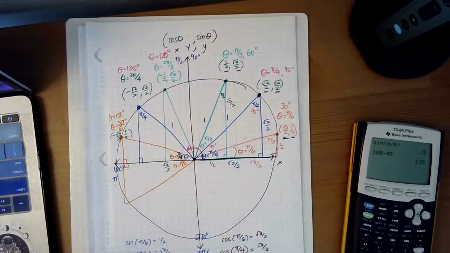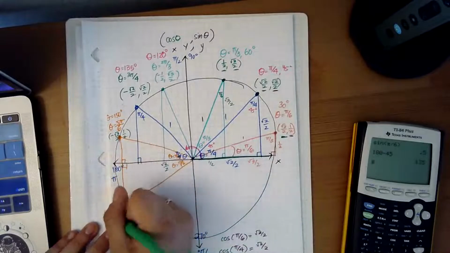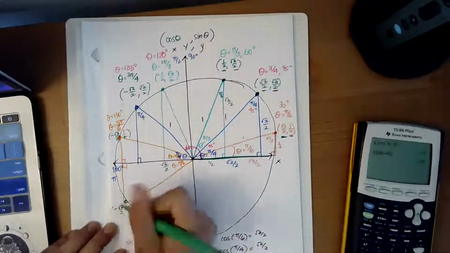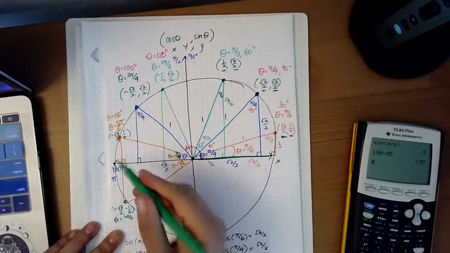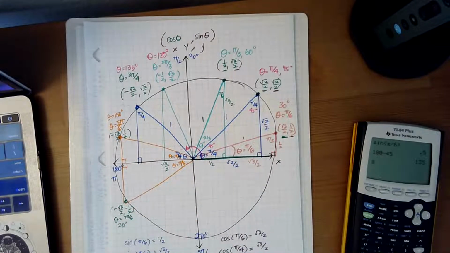So that's going to give me 210 or 7 pi over 6. So for this point the coordinates are negative radical 3 over 2, negative 1/2. And this theta is going to be 7 pi over 6, or 210 degrees. Okay?